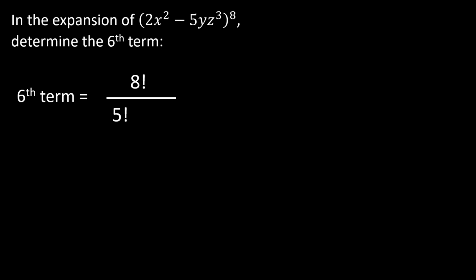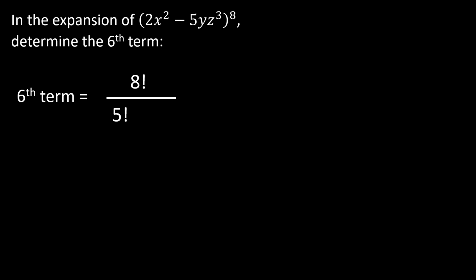But there is another number in the form of factorial notation that needs to be multiplied by 5 factorial. In order to obtain that number, we need to subtract 5 from the exponent of our binomial.